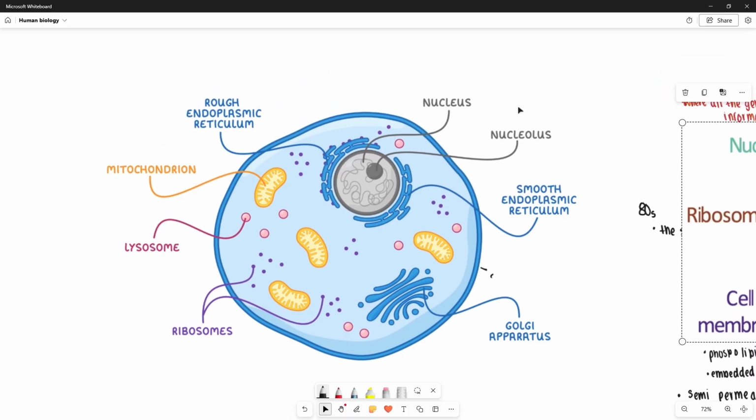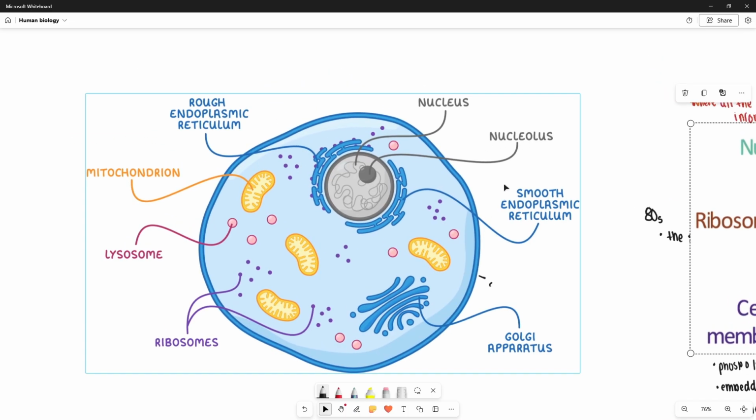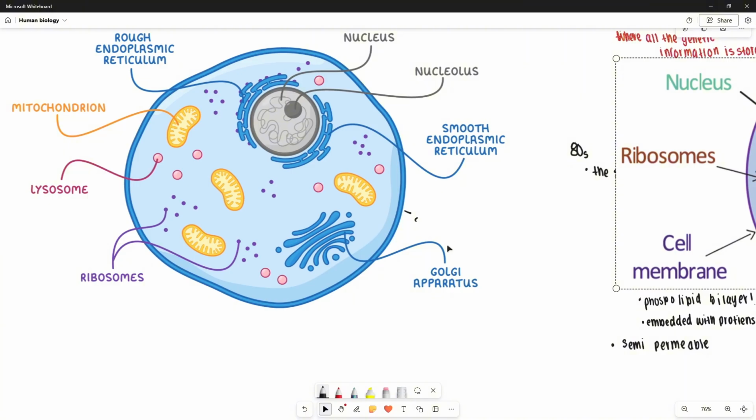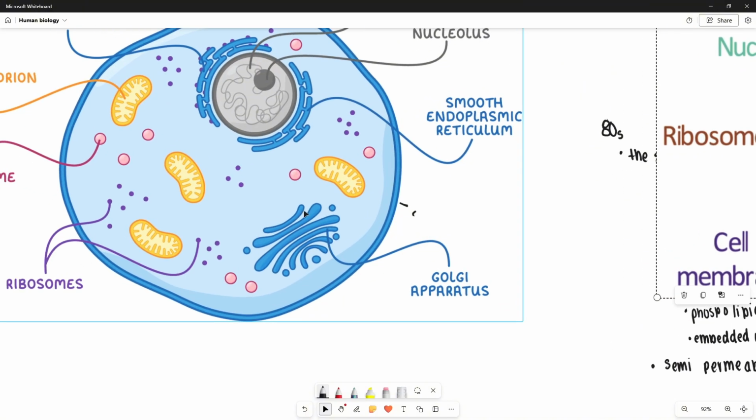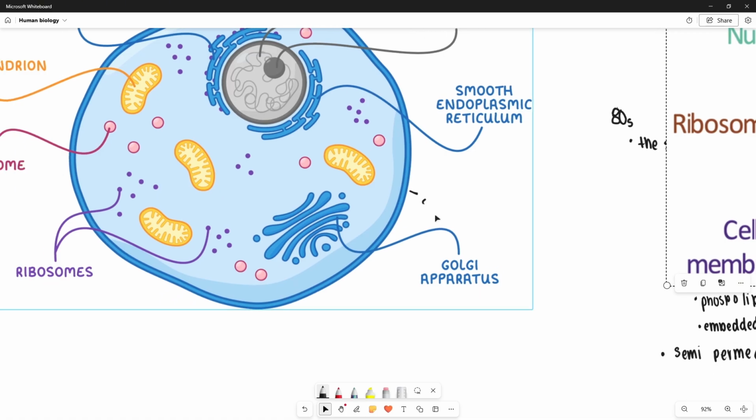Now we're back here at the Golgi apparatus. The Golgi apparatus is a network of flattened membrane sacs. There's the cis face and there's the trans face. I don't know why they called it that, but it modifies, sorts and packages proteins and lipids, and produces vesicles and lysosomes, which we'll talk about later.